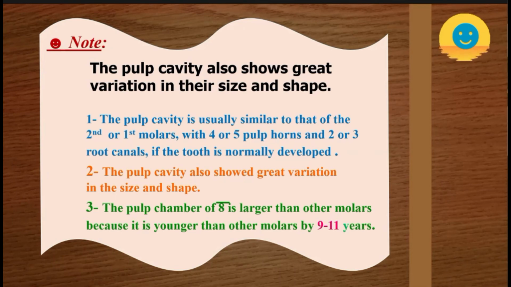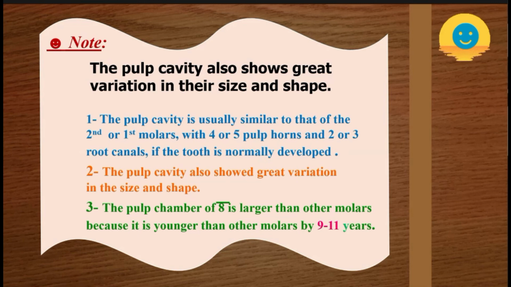Once the tooth has erupted, secondary dentine continuously grows along the walls of the pulp cavity, and the pulp cavity gradually becomes smaller and smaller. The pulp cavity in the first molar for you, for me, and for your grandfather is not the same. You have the biggest pulp chamber because you are young. I have the middle size because I am middle aged. Your grandfather has the smallest pulp chamber because of the continuous growth of secondary dentine.